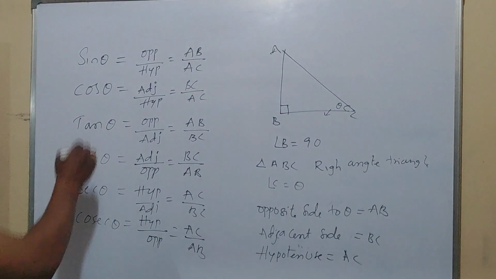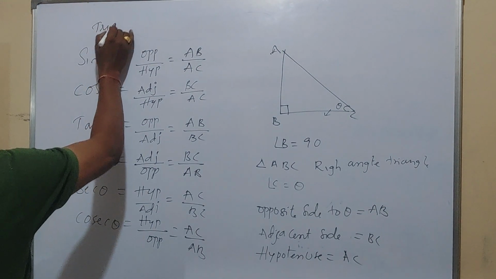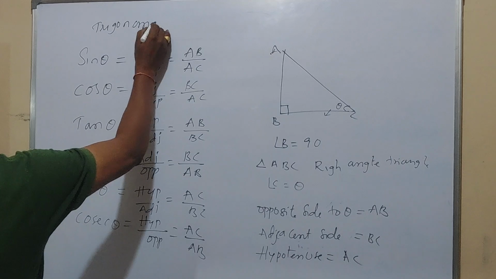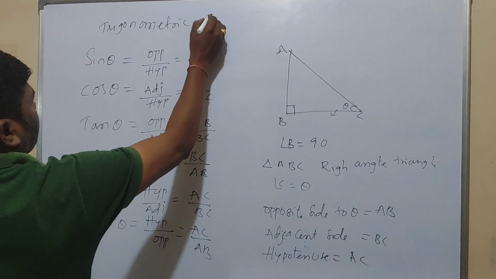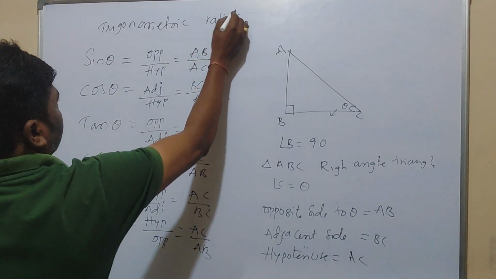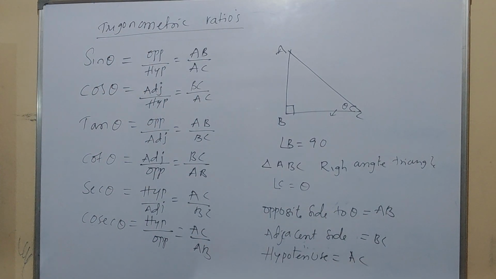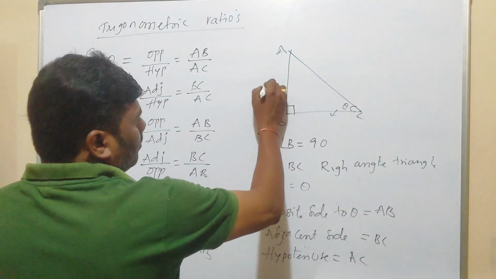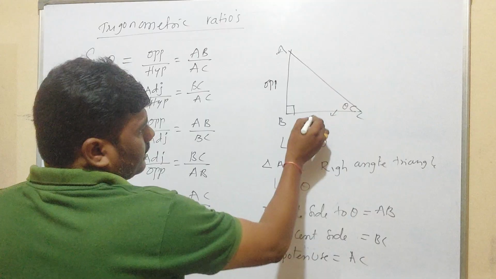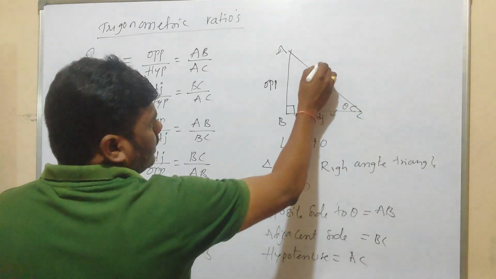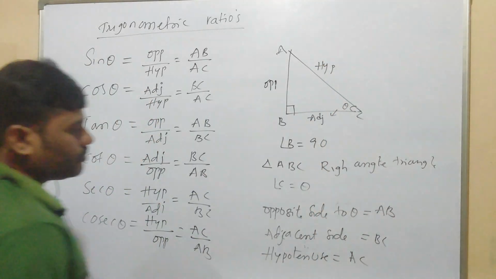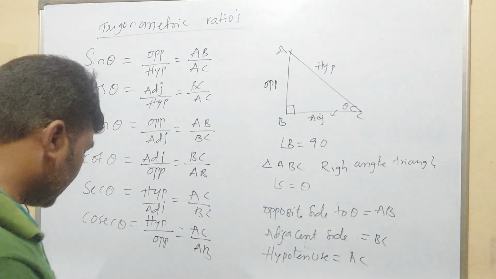So these are the trigonometric ratios: sin, cos, tan, cot, secant, cosecant, using sides. This side is opposite, this is adjacent, this is hypotenuse.